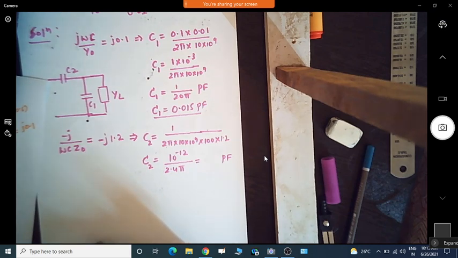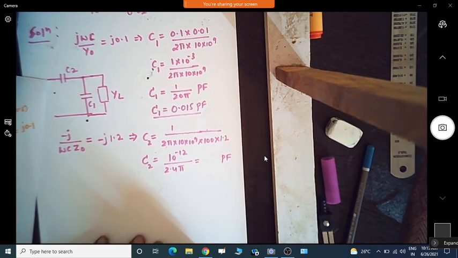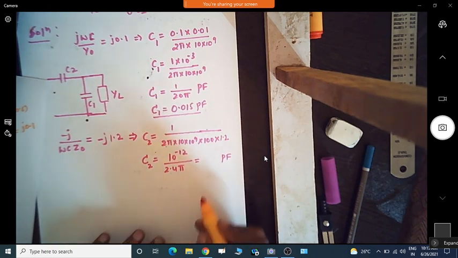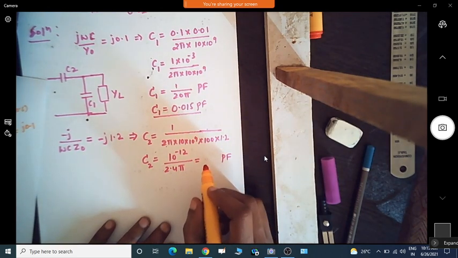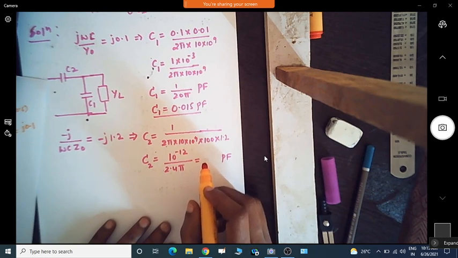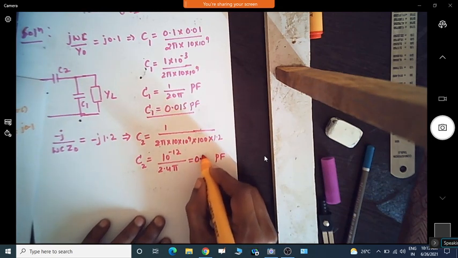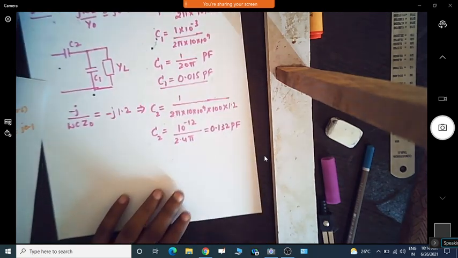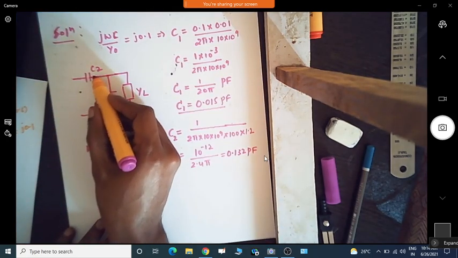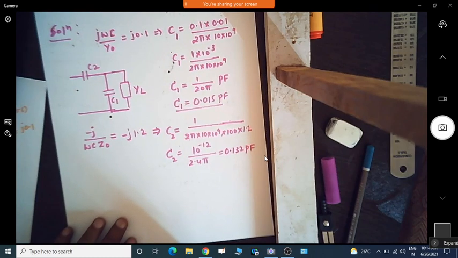What is the value? Hello, anybody got it or not? 0.132. Okay, so 0.132 picofarad. This is what the C2 is going to be.